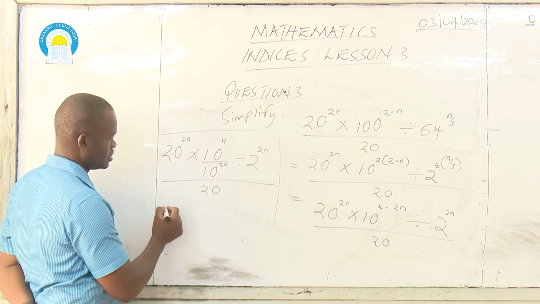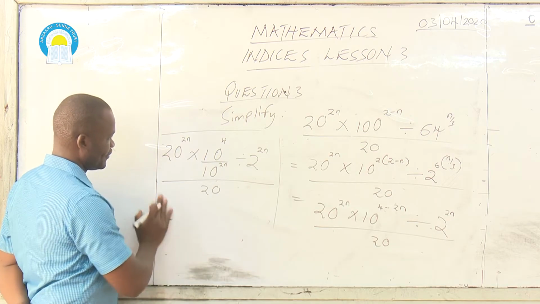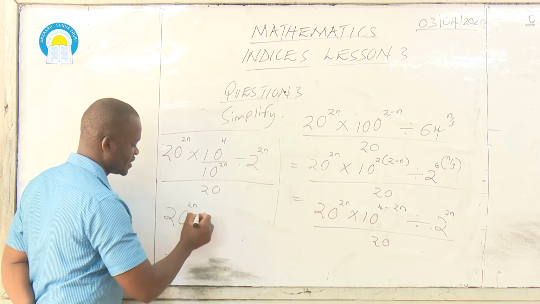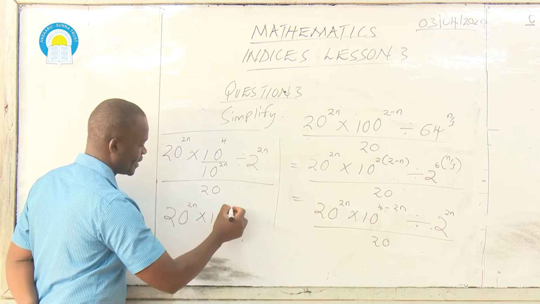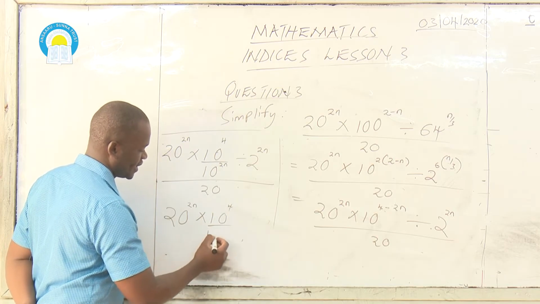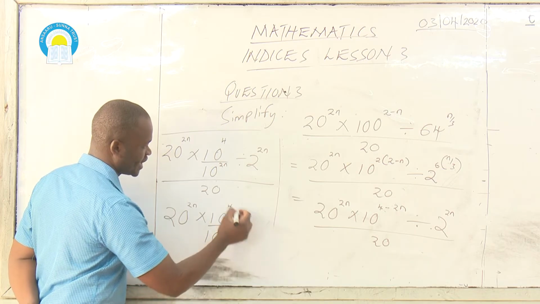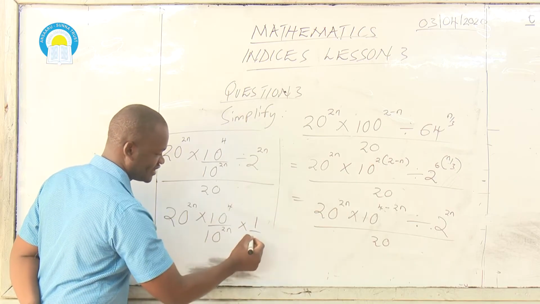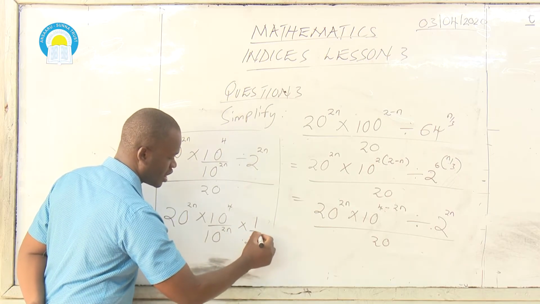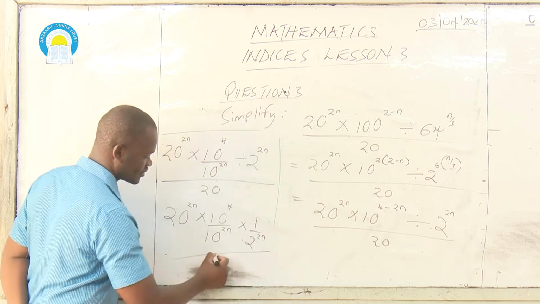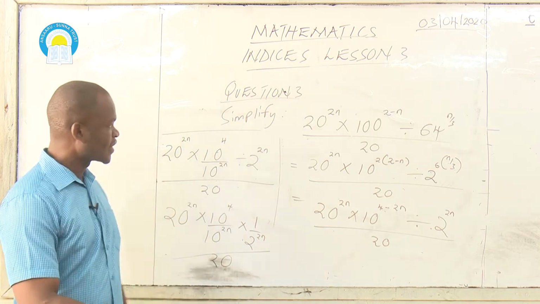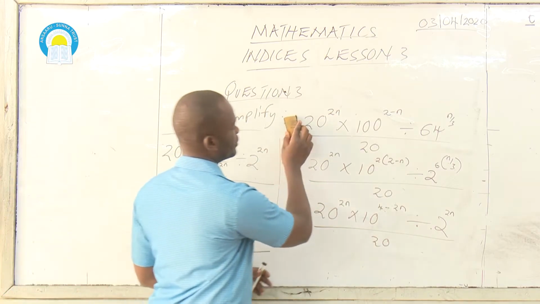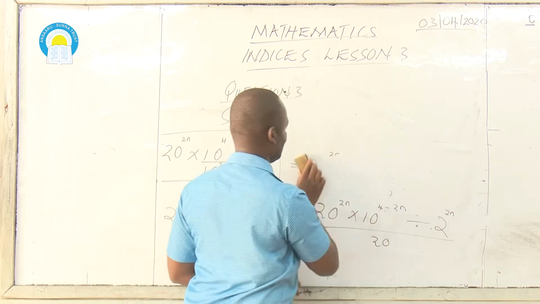I will have the 20 power 2n maintained there times 10 power 4 over 10 power 2n times the reciprocal of what I had there initially, that is 2 power 2n, over 20. Then allow me to wrap that to create more space for that workout. So we proceed.